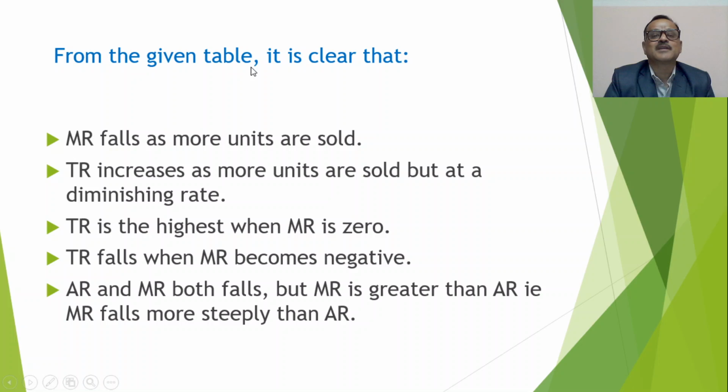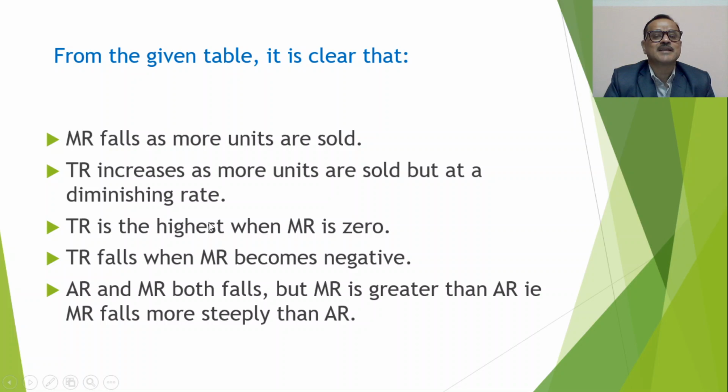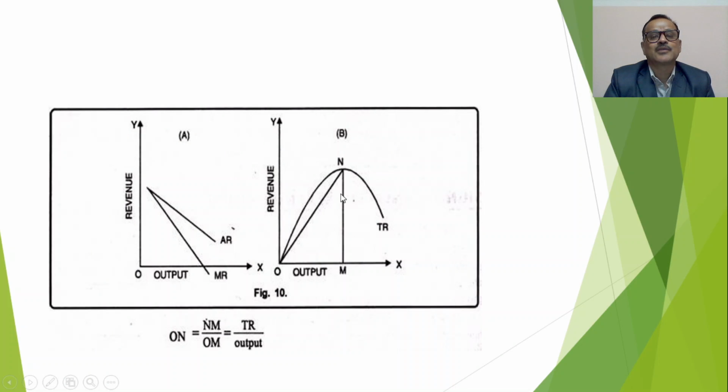From the given table, it is clear that MR falls as more units are sold. MR is decreasing as additional units are sold. TR increases as more units are sold but at a diminishing rate. Gradually it is diminishing. TR is the highest when MR is 0. You can see TR is highest at that point where MR touches the axis.